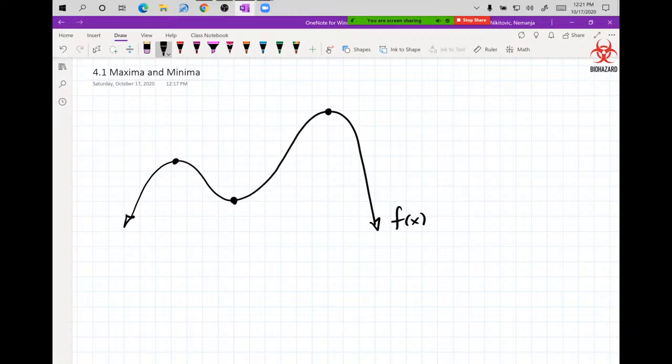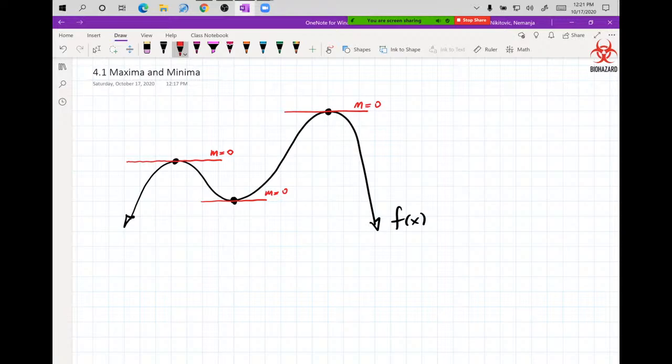What you should know from before is that you have this horizontal tangency going through these, regardless whether it's a min or a max. And what we know from there is that slope is equal to 0 on all of these tangent lines without any question.